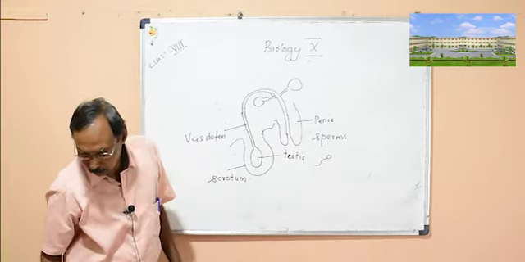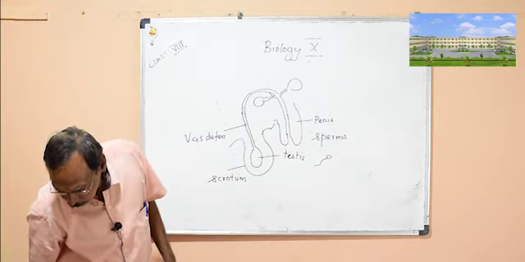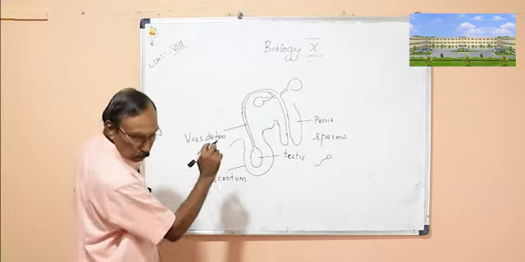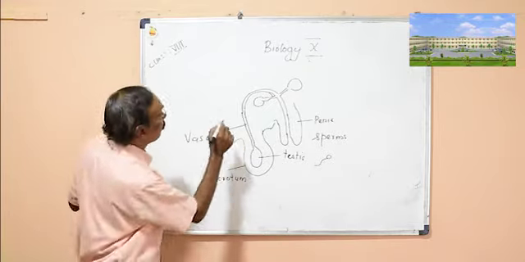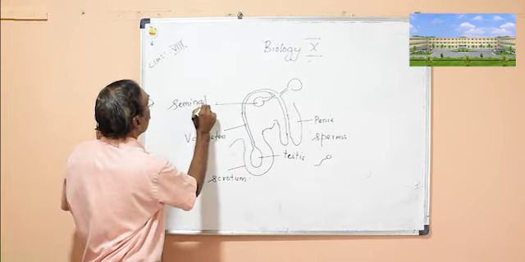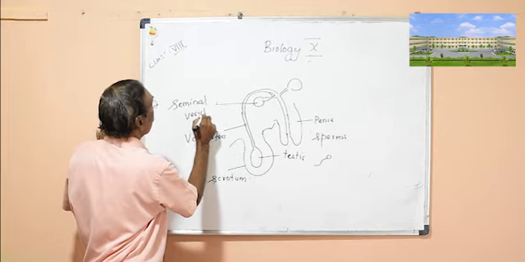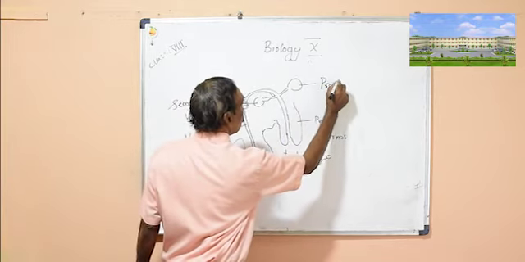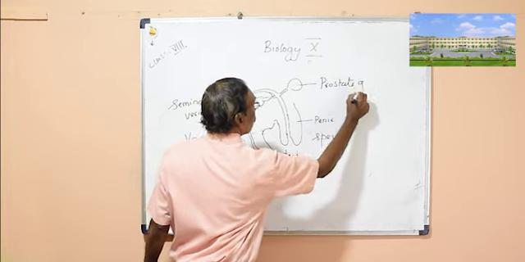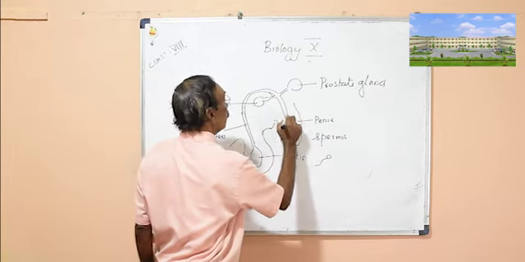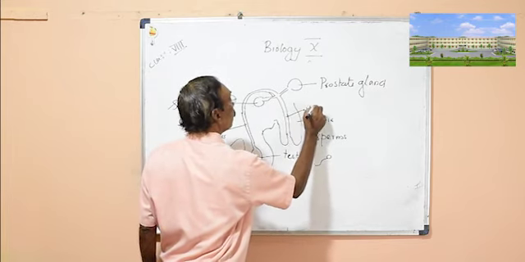One is called the seminal vesicle, and the other one is called the prostate gland. The opening through the penis is called the urethra.